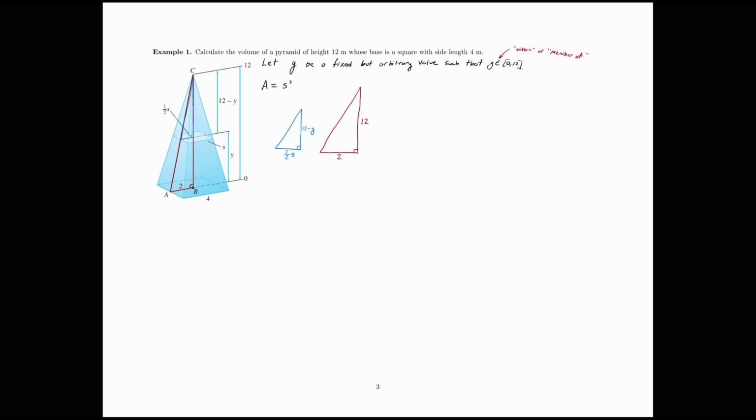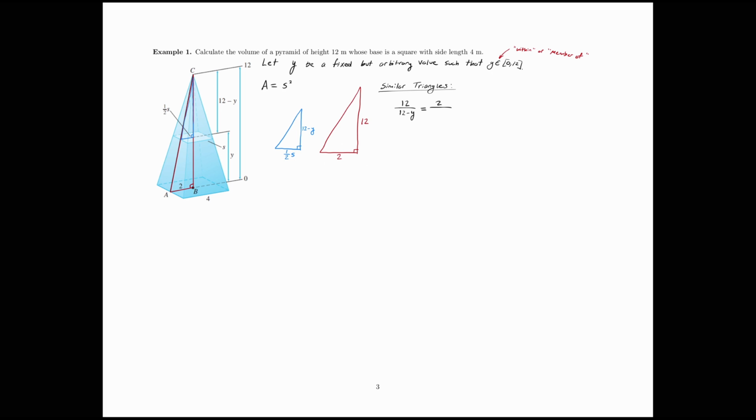So what we can do is use similar triangles. So using similar triangles, we can say that the big height 12 divided by the little height 12 minus y is in proportion with the big base, let's say, so 2, divided by the small base.